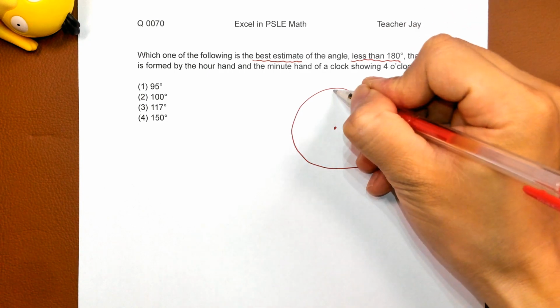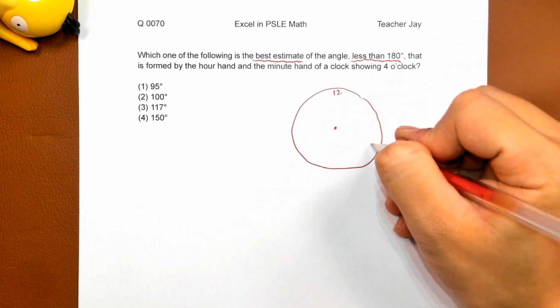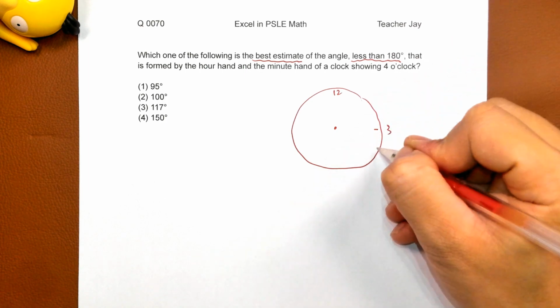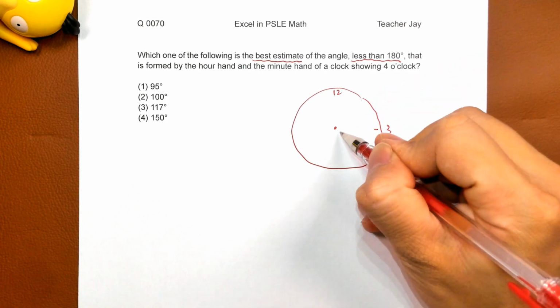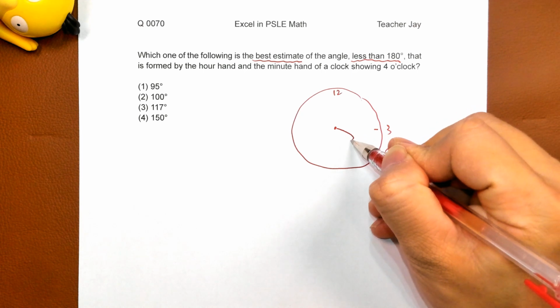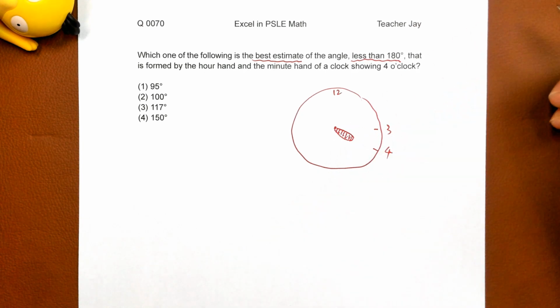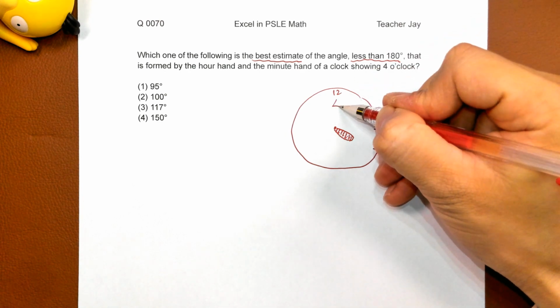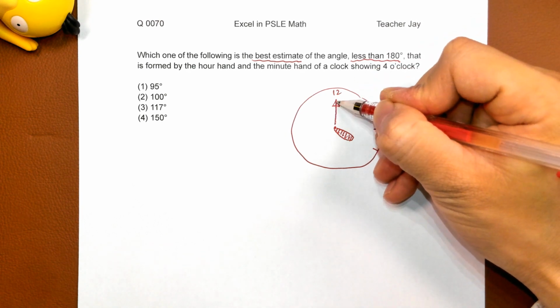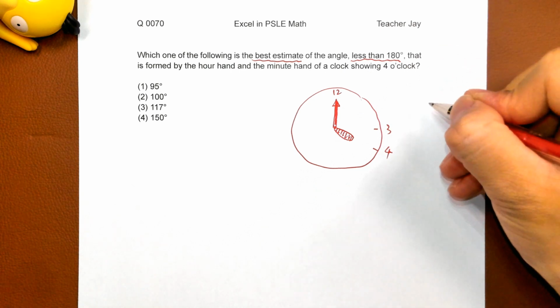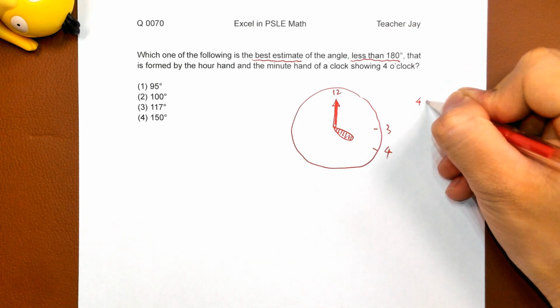4点钟，这里应该是12，and this one is 1, 2, 3 and 4。所以说我们的 hour hand 比较胖一点的 hour hand points 4 and the minute hand points 12 and that is 4 o'clock.